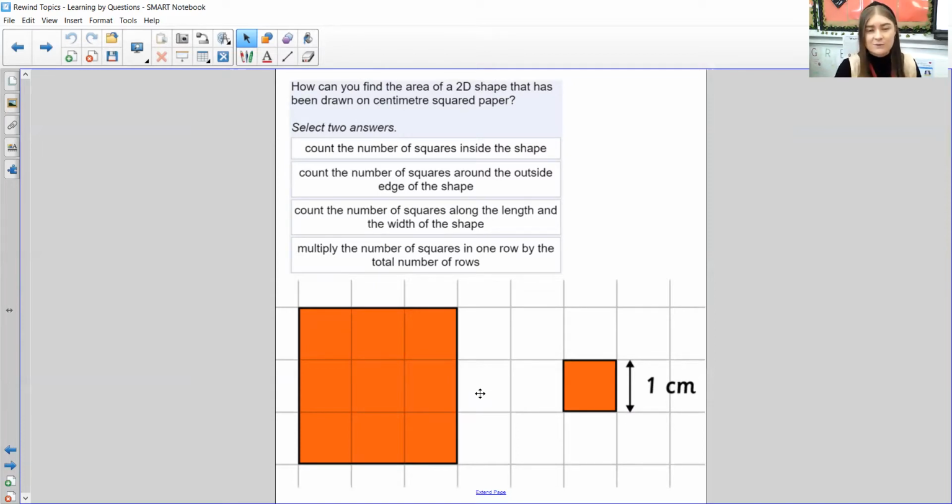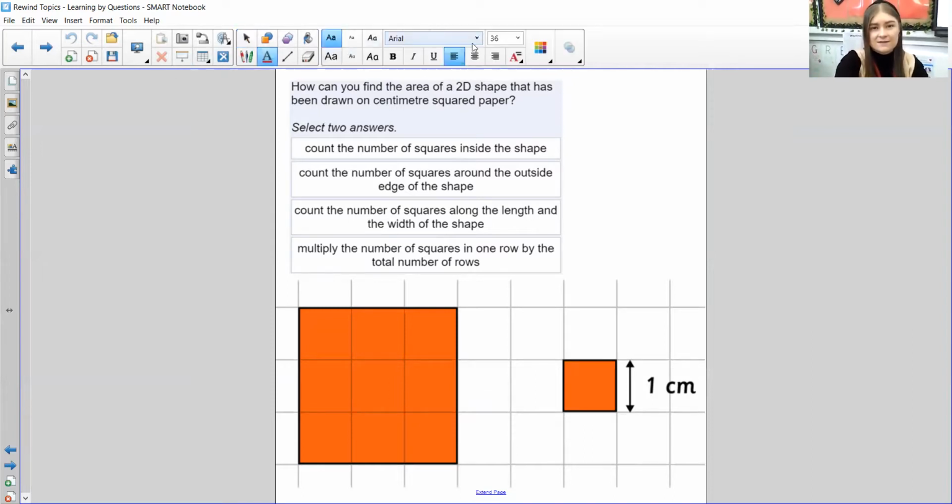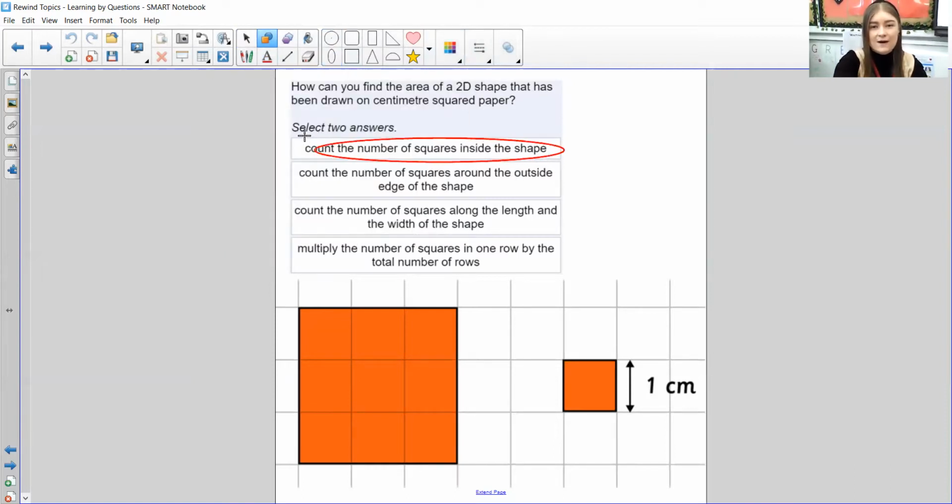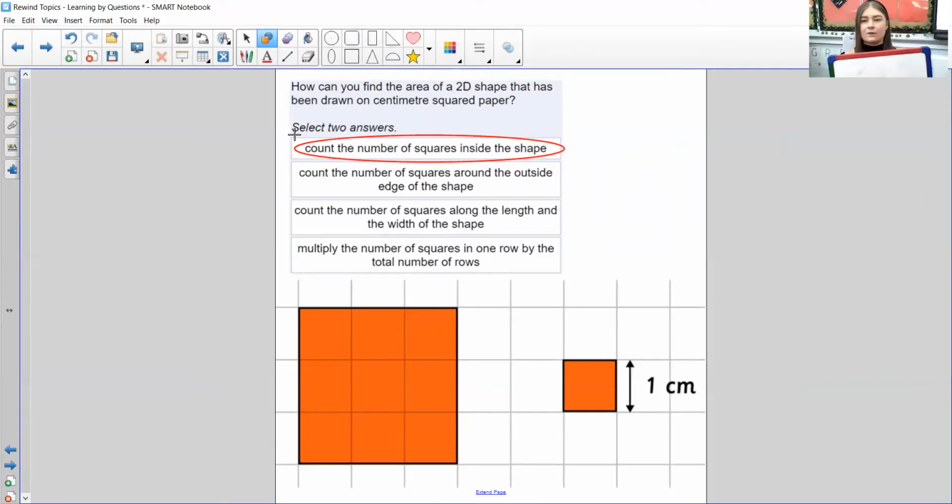So hopefully you've had a little pause and had a little think about that. And first of all, we know that we can find the area of a shape by, I'm just going to circle the answer, by counting the squares inside the shape, because area is the space inside a 2D shape.